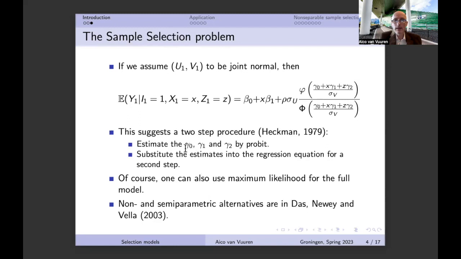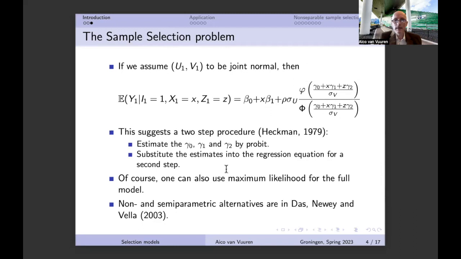We call them gamma 0 hat, gamma 1 hat and gamma 2 hat. So we are going to run a probit regression of whether you work or not, in our example, on the characteristics x and z. And then we get estimators of this thing over here. Then we're going to substitute these estimators into this inverse Mills ratio that we have over here.